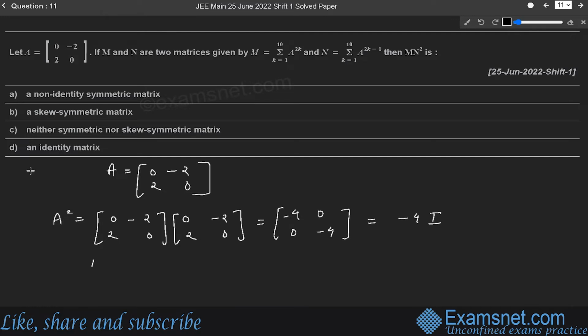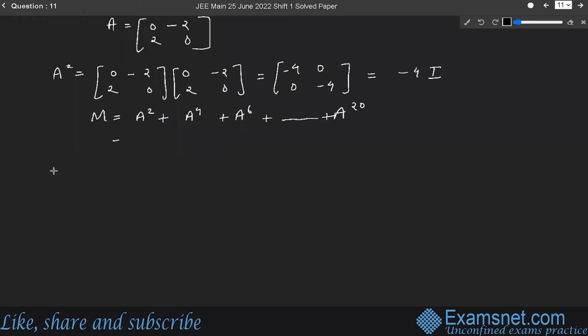Now we know that M will be equal to A square plus A power 4 plus A power 6 plus so on up to A power 20. So it can be written as minus 4I plus 16I plus minus 64I plus so on up to 10 terms, because it is up to A power 20.